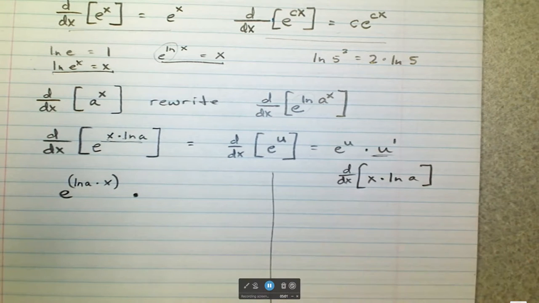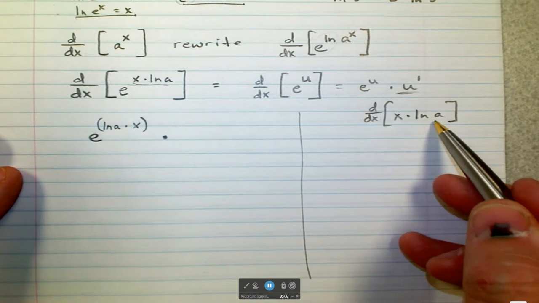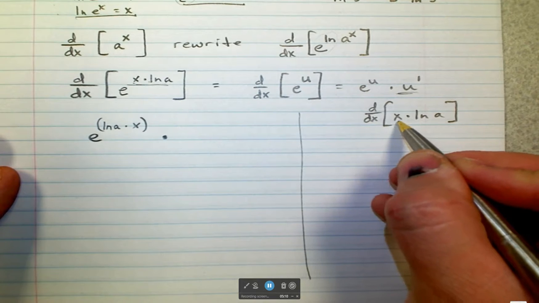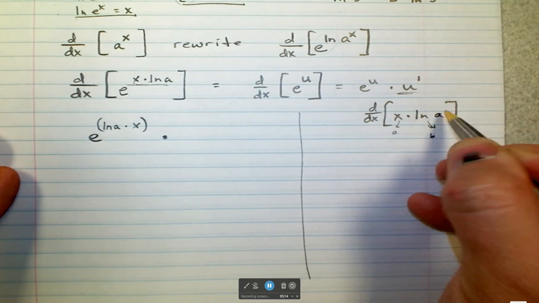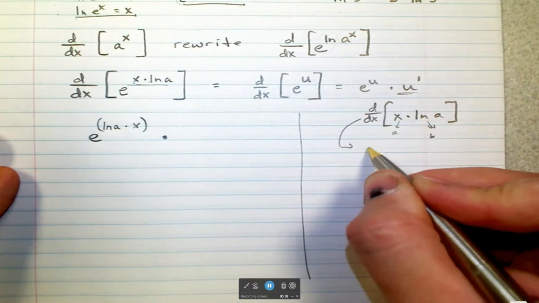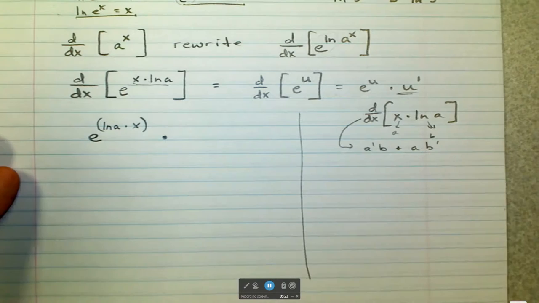So I'm going to go off on a little side note, a little tangent here. Product rule: the derivative of x times ln a, where this is a and this is b. We have two functions, a times b, and this derivative is going to be a prime b plus a b prime.